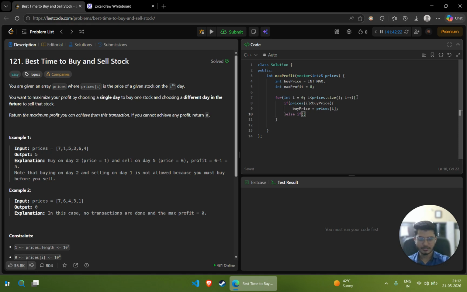Now here we will check the current price. We will check if the current price is greater than the buying price we have set, which is the lowest one.